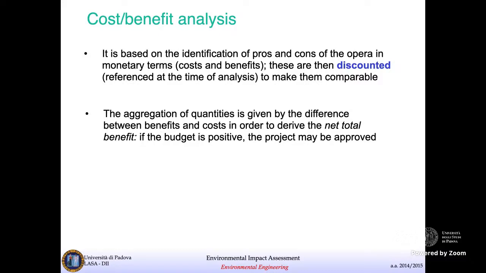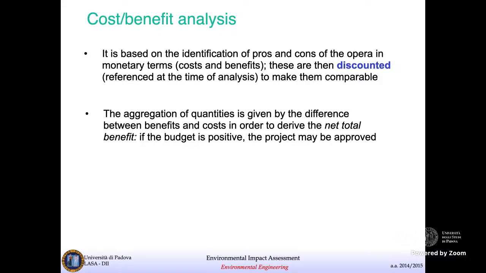These are then discounted, so referenced at the time of analysis to make them comparable. There is a problem that we shall shortly analyze: the value of money changes in time. So if you make an economic analysis referred to today, for example, and you want to compare it with an economic analysis referred to previous years, then you have to do a correction that is called a discount operation.